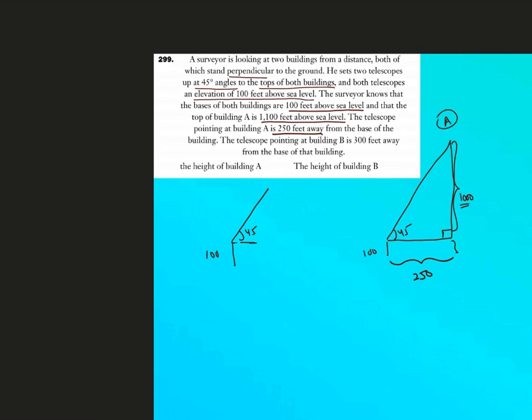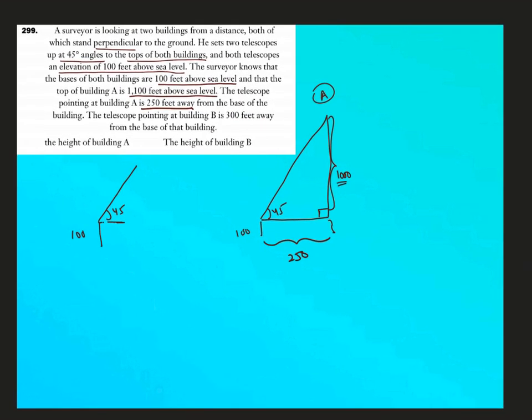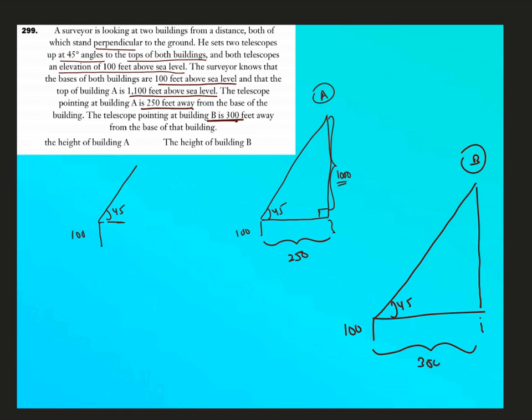Now what I also know is the base of building B is 300 feet away from the telescope. So same distribution of angles. This is 100, again 45 degree. This is building B. I don't know the height, but I know that this distance is 300 feet.